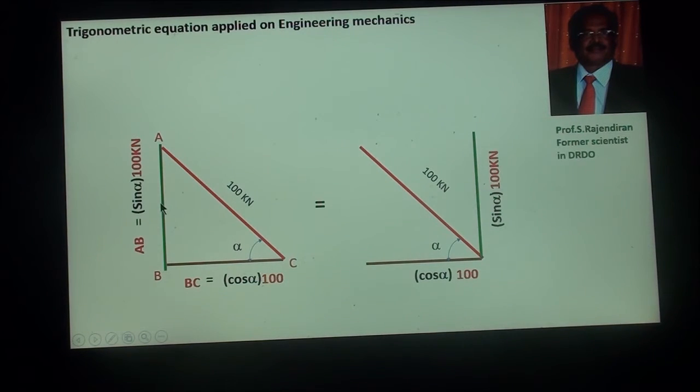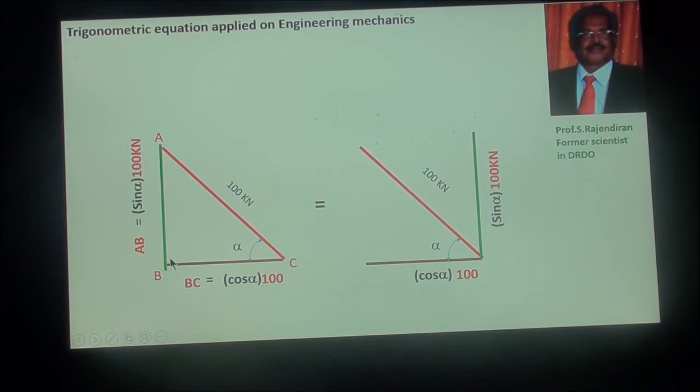I just replace this green line in the direction as shown there. If you draw a rectangle, this side equals this side. That is why the value of AB is here. So this figure is equivalent to this figure.